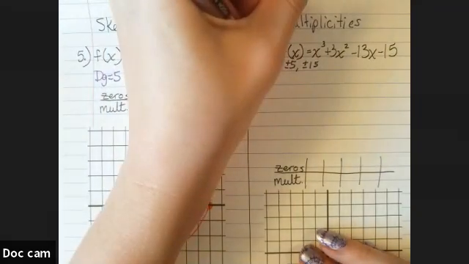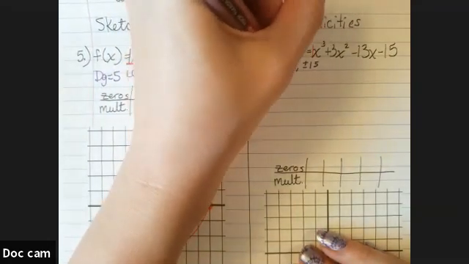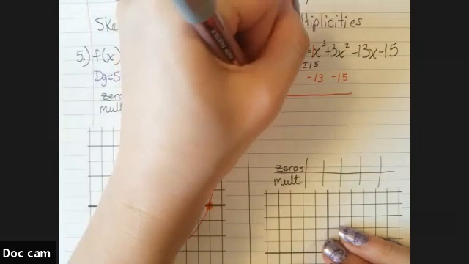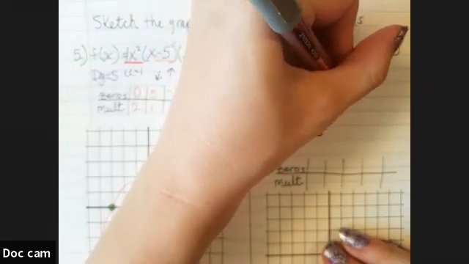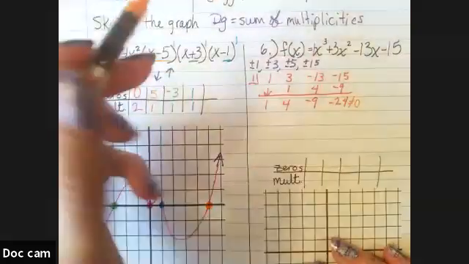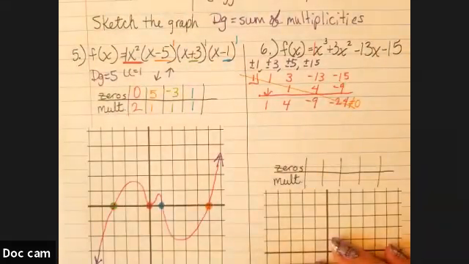So putting 1 in the box, and then we have 1, 3, -13, -15. So 1, 1, 4, 4, -9, -9, -24. Because -24 does not equal 0, we know that 1 is not a 0.